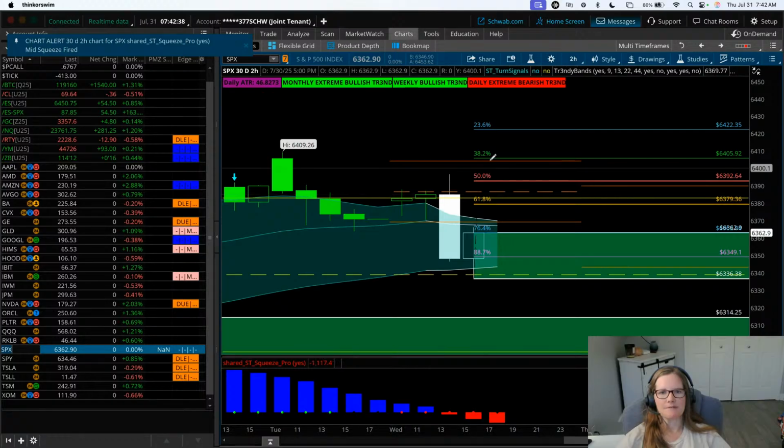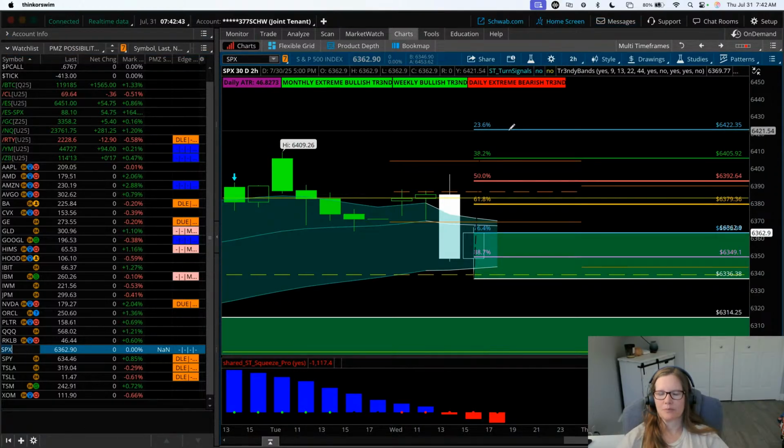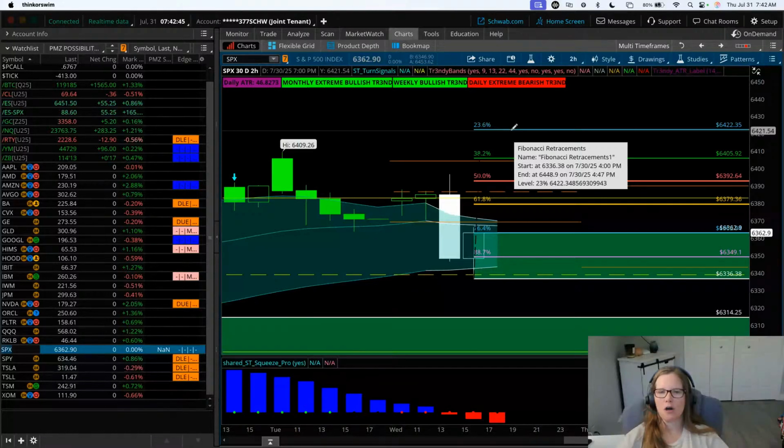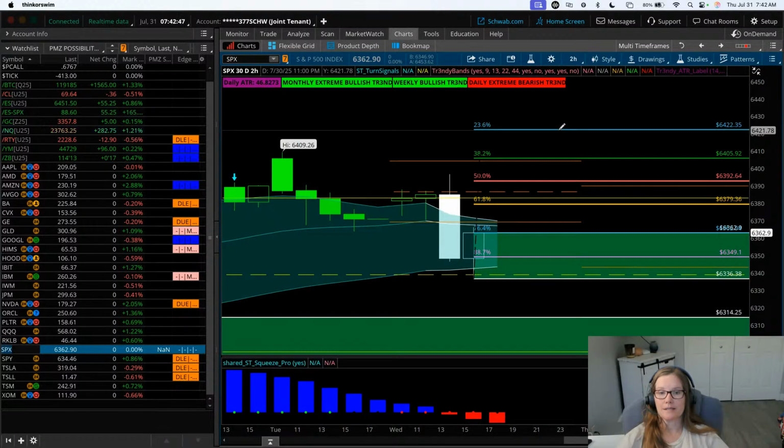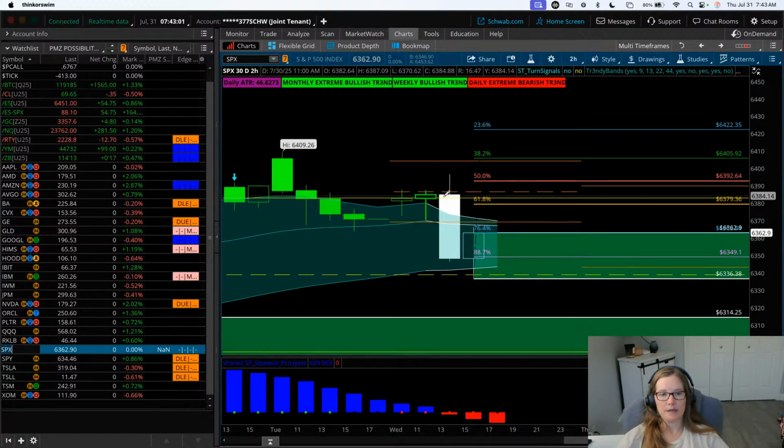Right now, I have some fibs drawn to where SPX price would be based on the ES's price right now. The golden pocket is going to be at or near that 6,400 level that was working very well in the week until yesterday's down day.